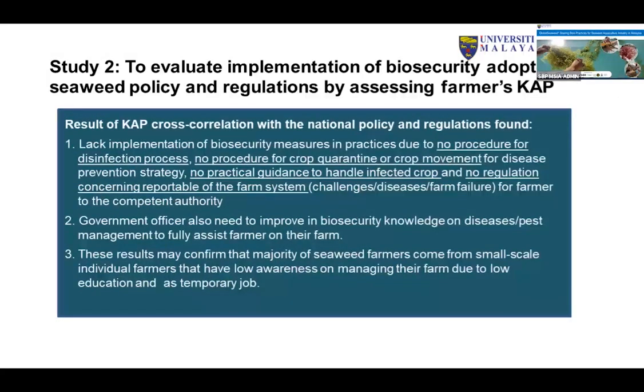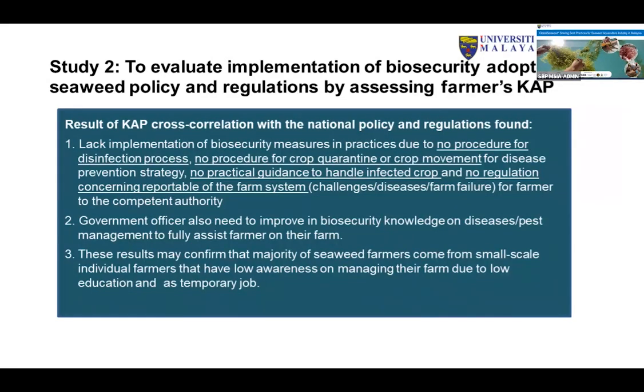The KAP cross-correlation with the national policy and regulation found a lack of implementation of biosecurity measures in practice due to no procedure for the disinfection process, no procedure for crop quarantine or crop movement for disease prevention strategy, no practical guidance to handle infected crop, and no regulation concerning reportable diseases on the farm system.